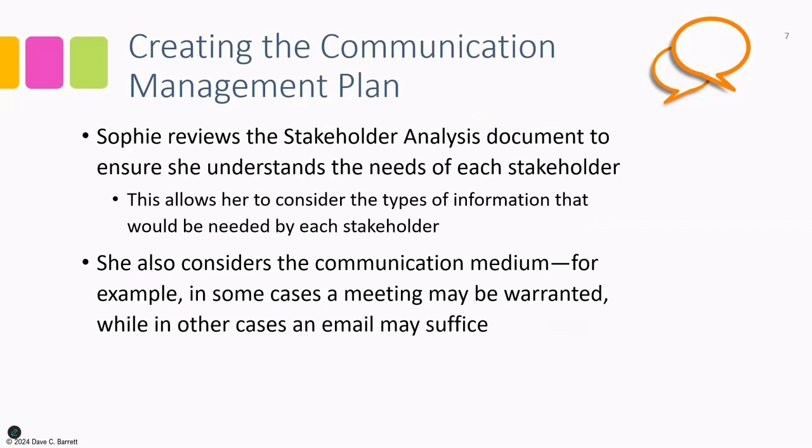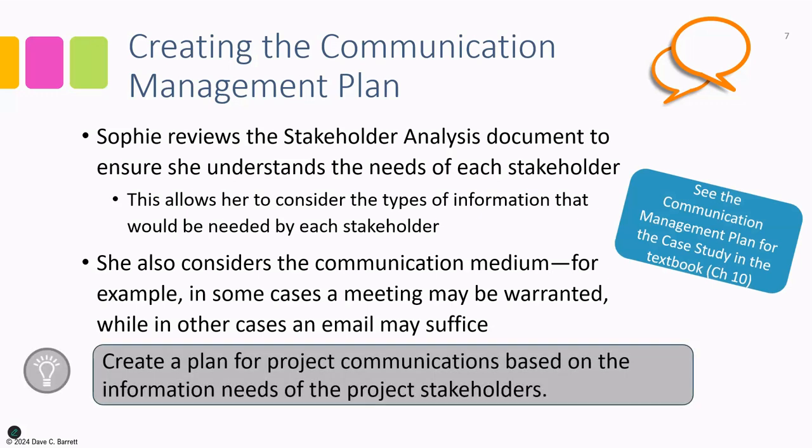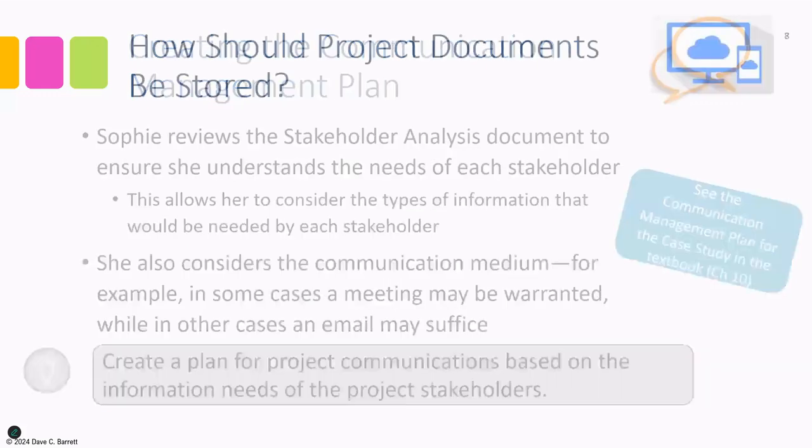For example, in some cases, a meeting may be warranted, while in other cases, an email may suffice. And it's important to deliver the information in ways conducive to stakeholder needs. You can see the communication plan for the case study in the textbook, Chapter 10. So key idea: create a plan for project communications based on the information needs of the project stakeholders.